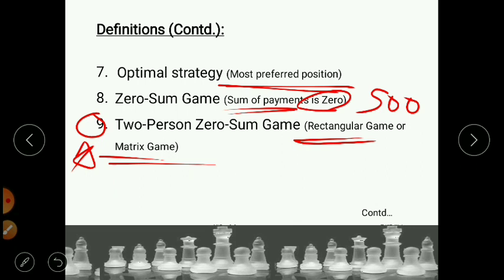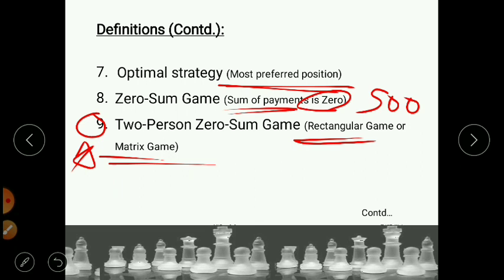A while ago, I gave you an example of an infinite game. What is an infinite game? An infinite game is one wherein the number of strategies is not limited. It is unlimited. But for a two-person zero-sum game, it is mandatory that each player has a finite number of strategies to use.